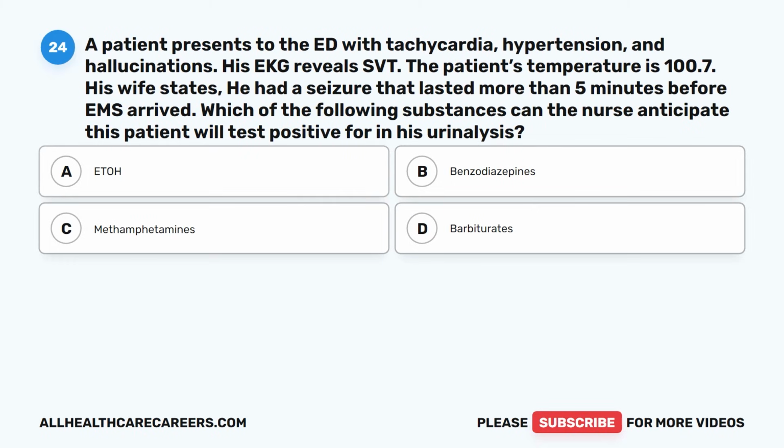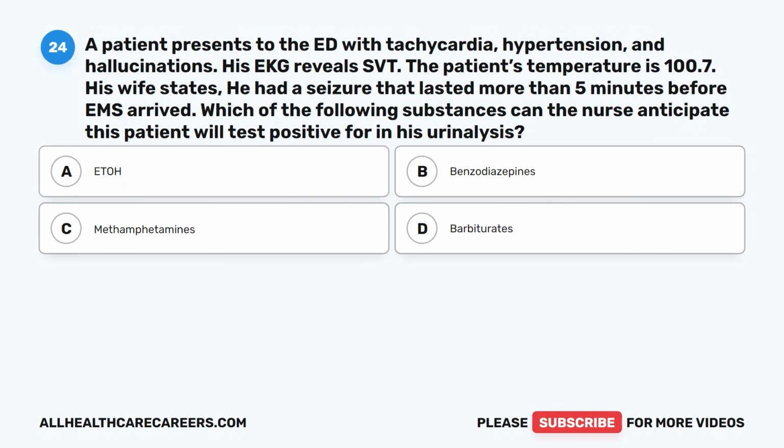Question 24. A patient presents to the ED with tachycardia, hypertension, and hallucinations. His EKG reveals SVT. The patient's temperature is 100.7. His wife states he had a seizure that lasted more than 5 minutes before EMS arrived. Which of the following substances can the nurse anticipate this patient will test positive for in his urinalysis? A. ETOH.